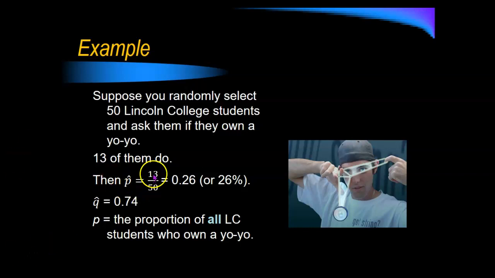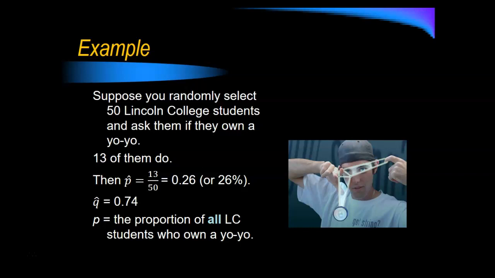So that's 13 out of 50 in all that you surveyed. That's 0.26 or 26% of your sample. So that would be p-hat, 0.26. q-hat would be 1 minus 0.26, which would be 0.74. 26% of your sample do own a yo-yo, so the other 74% do not own a yo-yo.